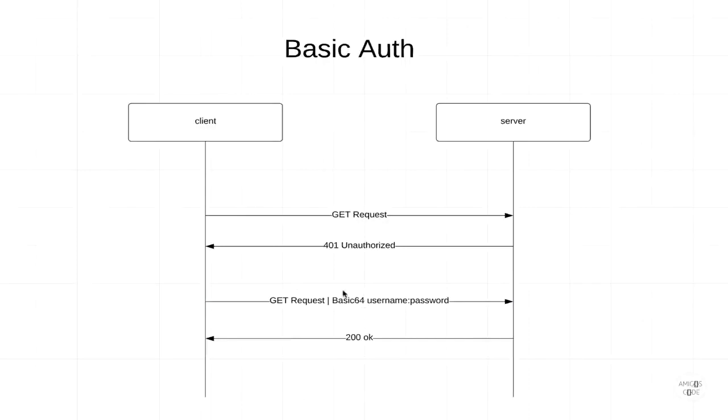So with every single request that you send to the server, you need to specify the username and password, encoded as base64 inside of the request header. Then the server does some validations, whether the username exists. If the username exists, it checks the password, and if the password matches the one that the server knows about, then it sends a 200 status code with whatever the client has requested.